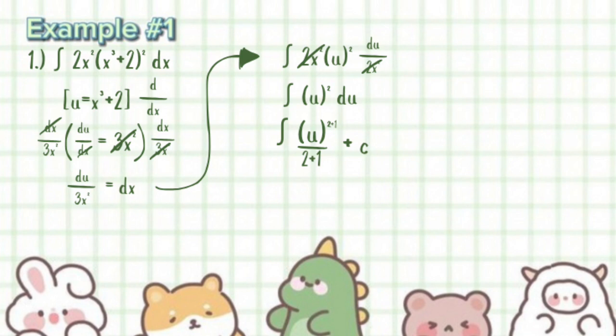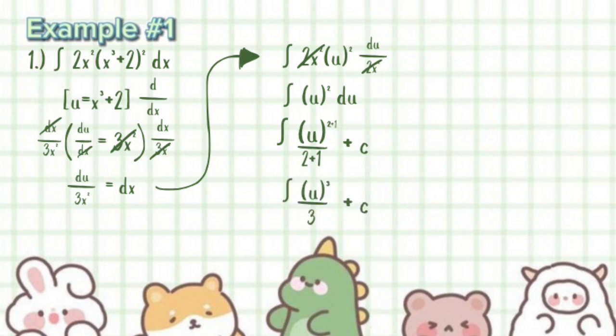In the power rule, we are going to copy that, then add 1 to its exponent. So we are left with u raised to 2 plus 1, and we copy that and put it below, and we will replace du with plus c.